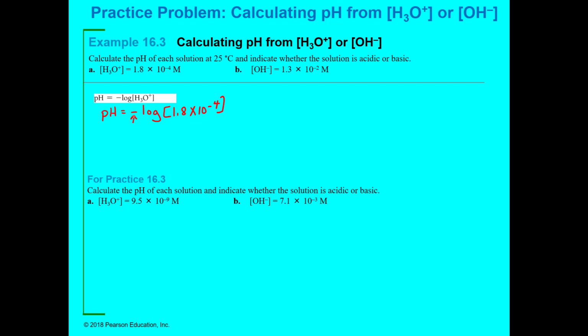And so you put in negative that way, and then you push the log button, and that'll bring up parentheses, and then you would type in 1.8 and then EE minus 4 if you're doing it like I've shown you in the past. However you do it, you need to make sure that you get 3.74. So that's the number you should get when you put that in your calculator. And since that's the pH and that's less than 7, then that must be acidic.